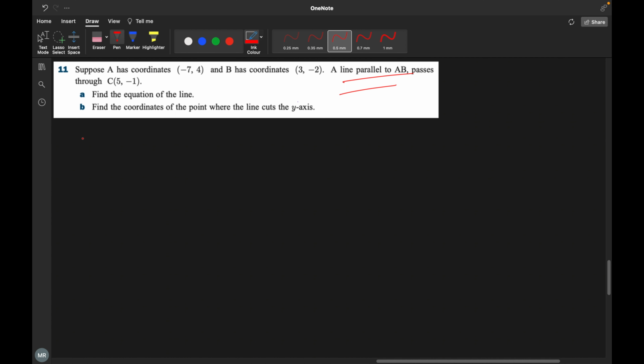Okay, so we know that if a line is parallel to another line, the gradient will be the same. So now let's find the gradient. 4 minus of -2 divided by -7 minus 3. So that's 6 divided by -10, which is 3 by -5. So the gradient of the parallel line will also be the same.